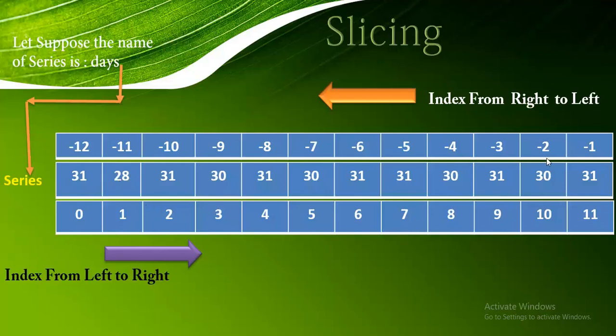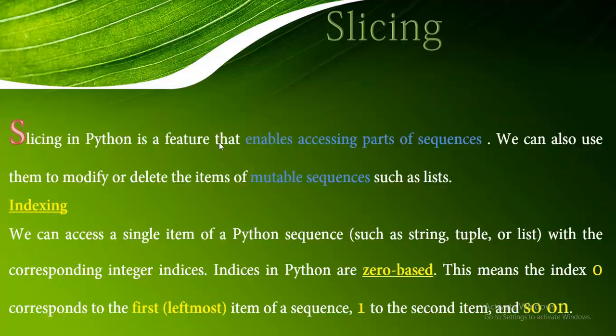Similarly, if you are traversing a series from right to left, then the indexing starts from -1, -2, -3 and so on. Therefore, in indexing, we can access a single item of a Python sequence with the corresponding integer indices.